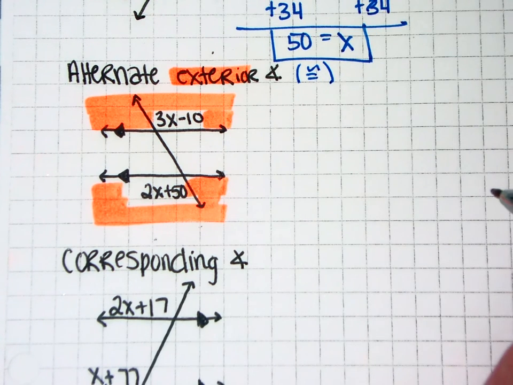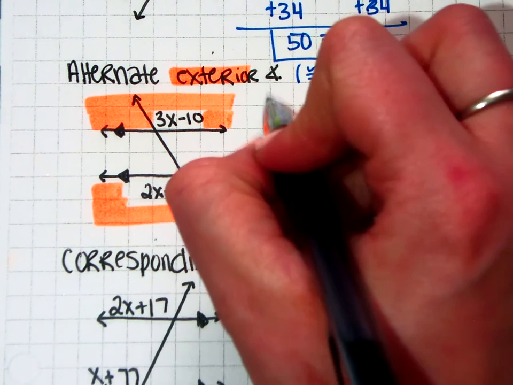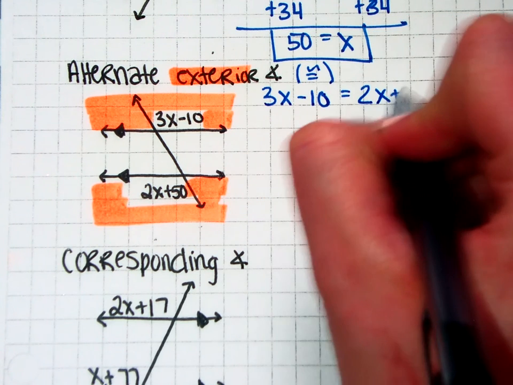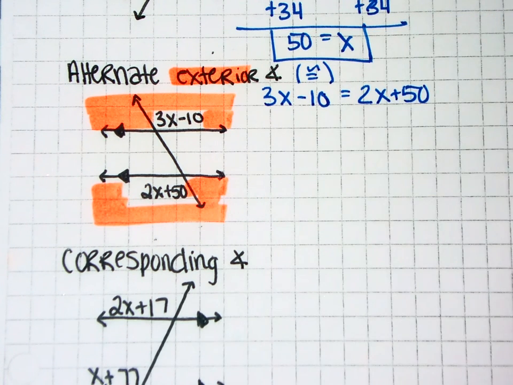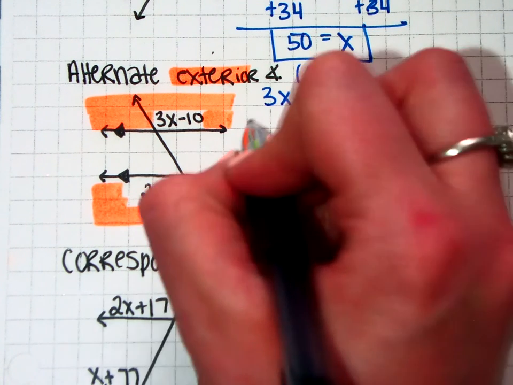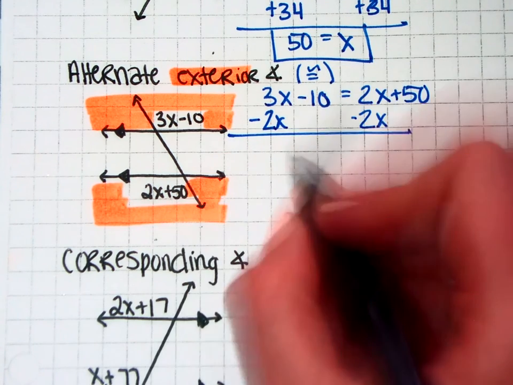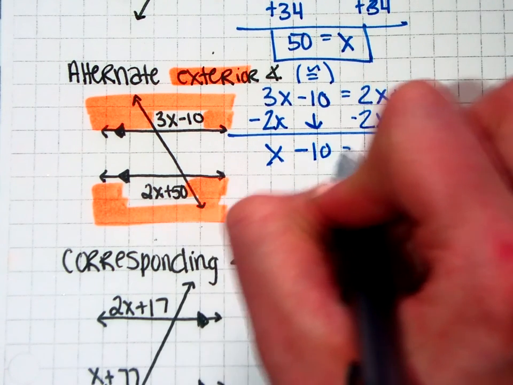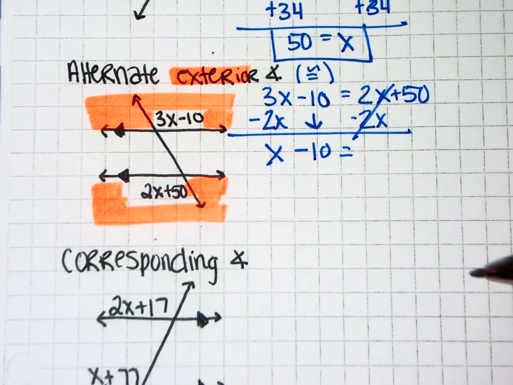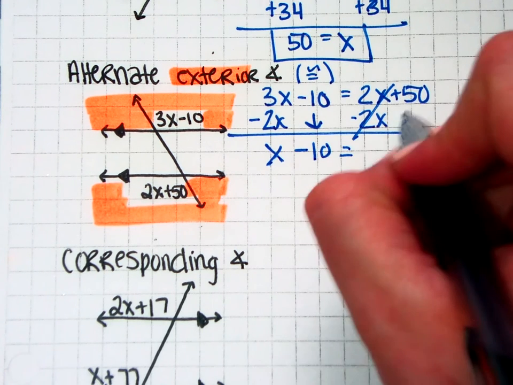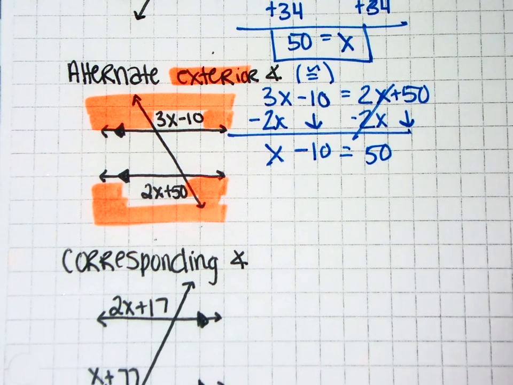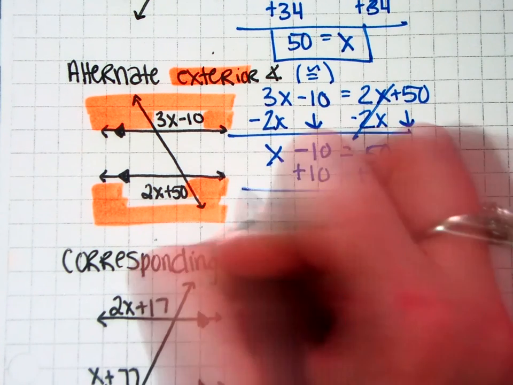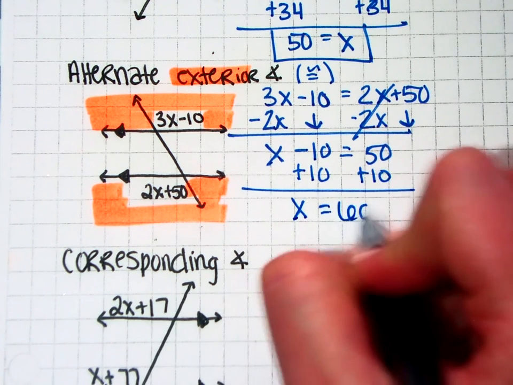So all I'm going to do to solve this problem is set them equal. I've got 3x minus 10 equals 2x plus 50. Move the 2x through subtraction. 3x minus 2x is just x. Bring down that negative 10. These cancel because we moved it to the other side, and I'm just going to bring down my 50. To isolate x, I'm going to add 10. So x is 60.